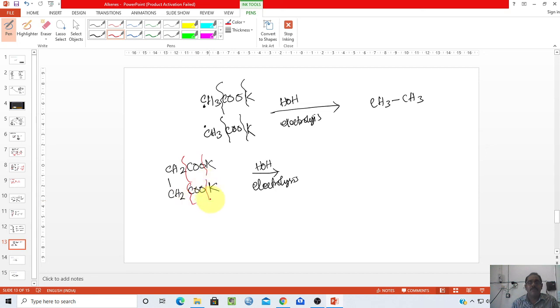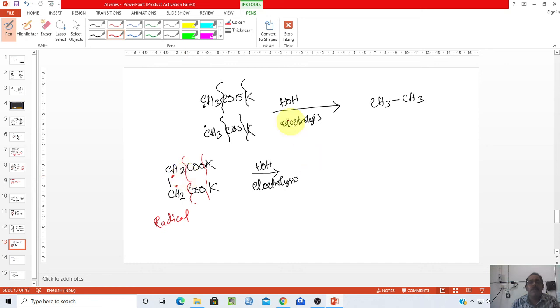Here it will be moving as carbon dioxide, this will be moving as carbon dioxide. Here the radical will be formed, here also the radical will be formed. Already this one bond will be there. A newly formed radical means with one electron. So here one electron, there one electron, so these two will be forming a bond.